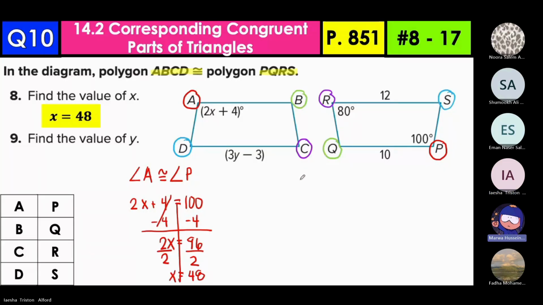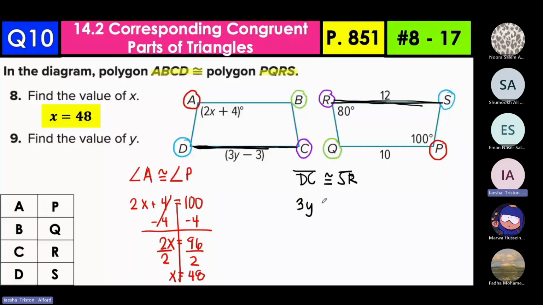DC is congruent to SR. Because I have color here, it's easy for me to see. This side I'm making black is congruent to this side I'm making black. So 3y subtract 3 is equal to 12.